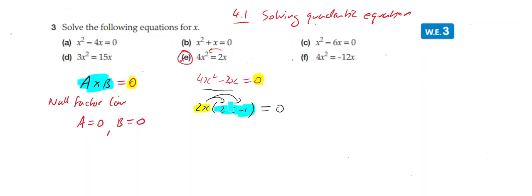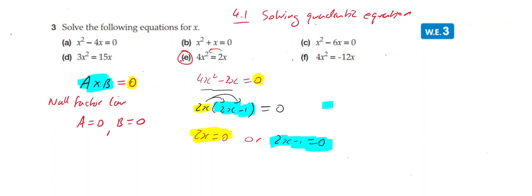So either 2x equals 0, or 2x minus 1 equals 0.